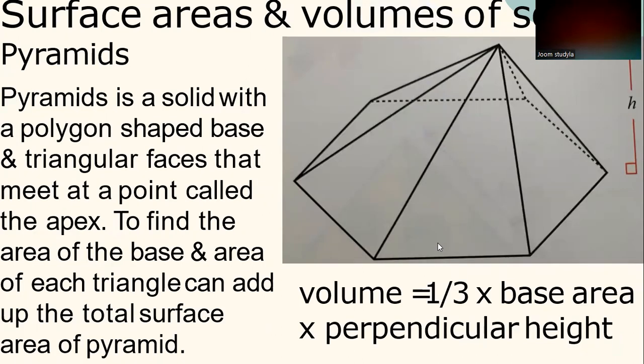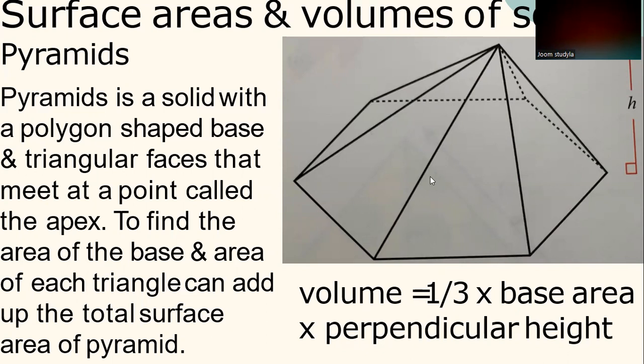Pyramid. A pyramid is a solid with a polygon-shaped base and triangular faces that meet at a point called the apex. If you can see, all these sides meet here; we call it the apex. To find the total surface area of the pyramid, add up the area of the base and the area of each triangle.